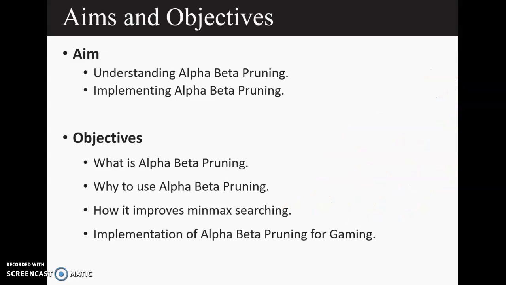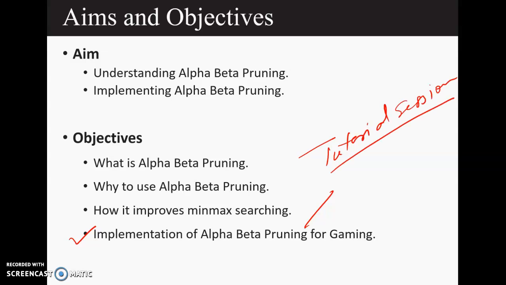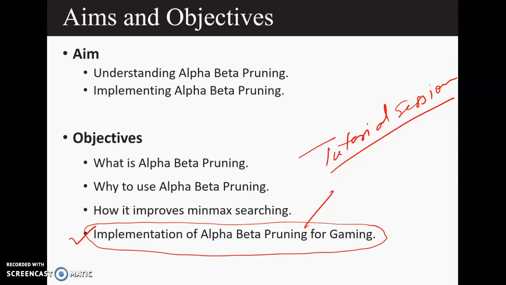And lastly, objective 4 is on the implementation of alpha beta pruning for gaming. This objective will be achieved during the tutorial session of week number 8. That is, on Friday you will implement the programming code where you will complete objective 4.